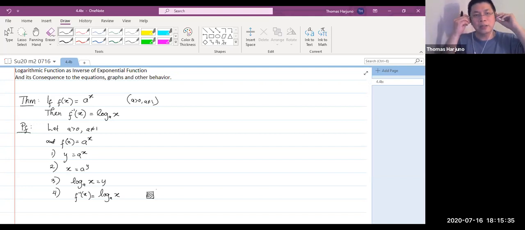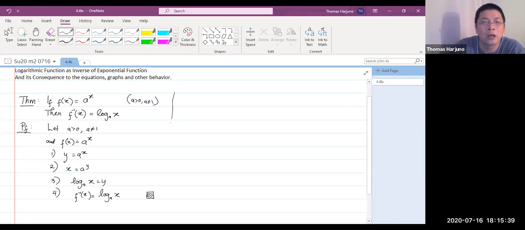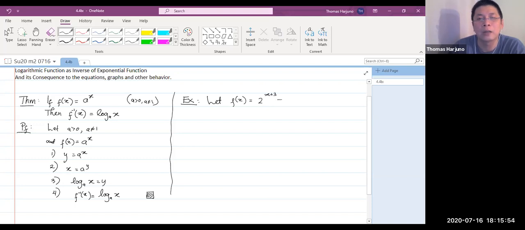Okay, but let's see what this means. With that theorem, for example, suppose we let f(x) equals 2 to the x plus 3 minus 4 be the function, then find the inverse function.